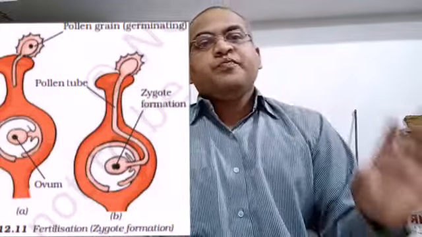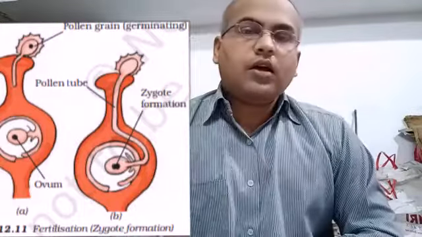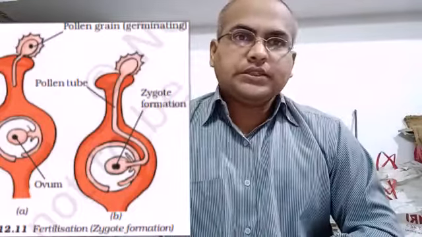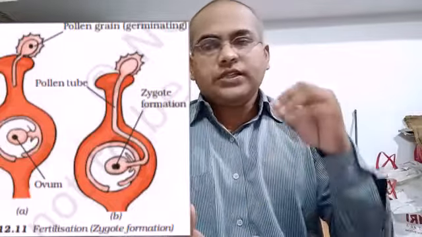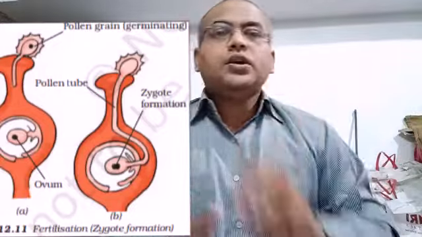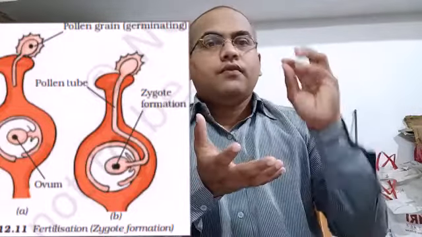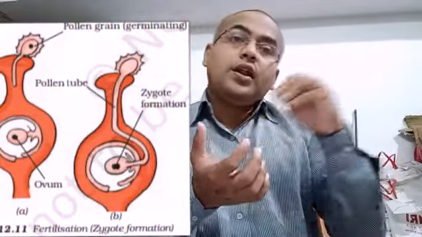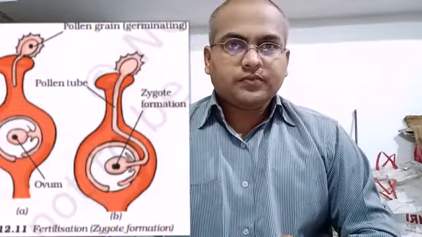But there are two categories of pollination. Number one, if the pollen lands on the stigma of the same flower or another flower of the same plant, it is called self-pollination.